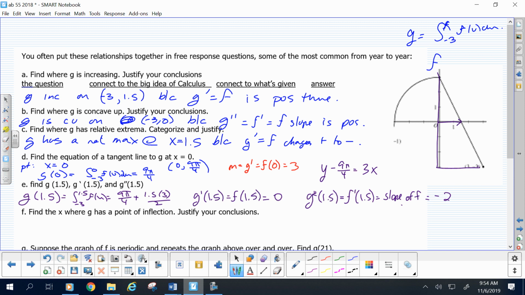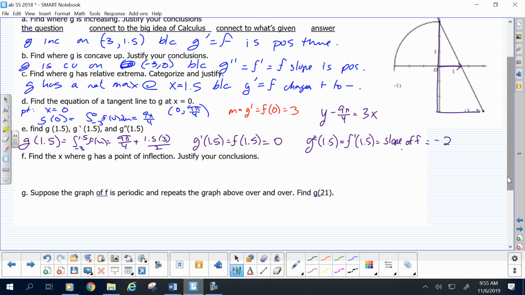Find the x where G has a point of inflection. Big idea of calculus. Inflection is where? Derivative changes sign. So G double prime changes sign. What does G double prime have to do with F? F prime, which is what for F? The slope. All right. And where does the slope of F change sign? 0. Do you agree? Yeah.